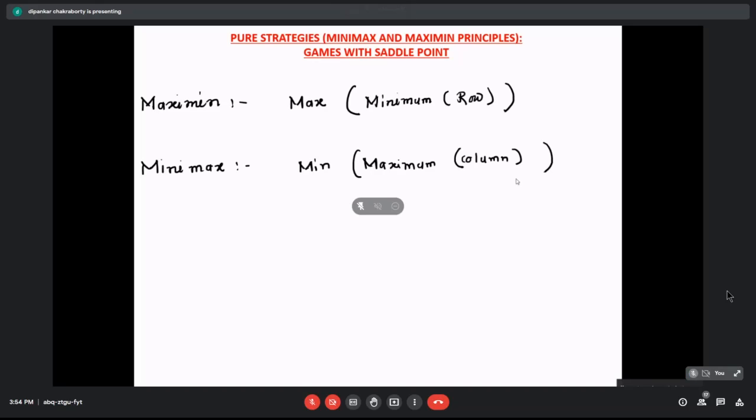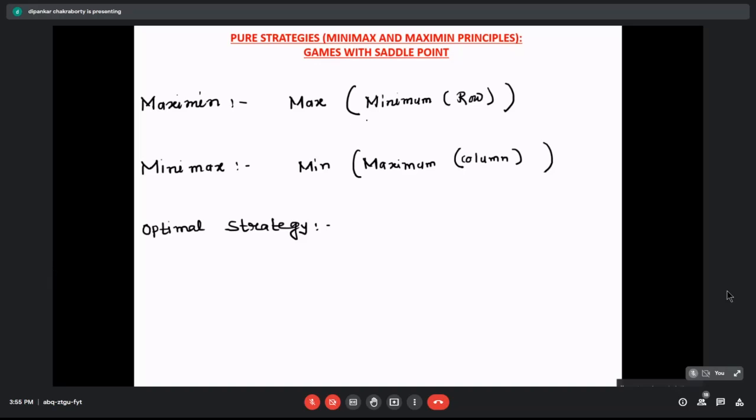Okay. So now what will be their optimal strategy? Optimal strategy, as I mentioned to you, the strategy means the course of action. So optimal strategy means a course of action that puts any player in the most preferred position, irrespective of the course of action of his competitors.